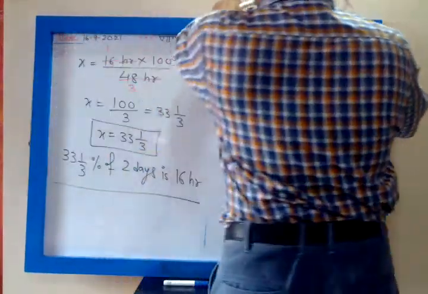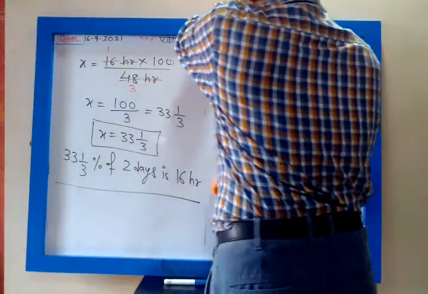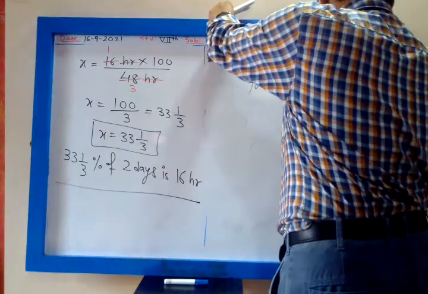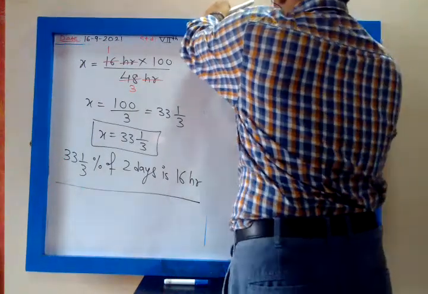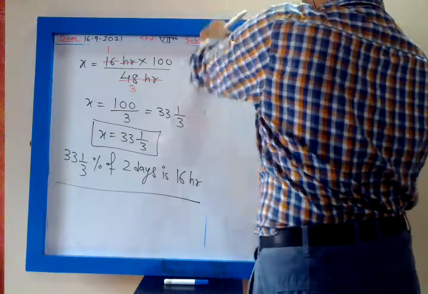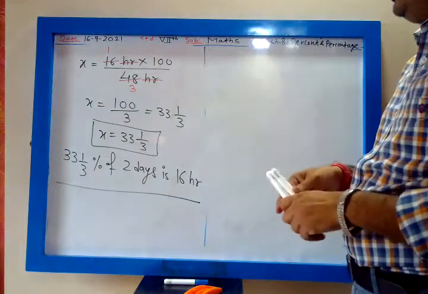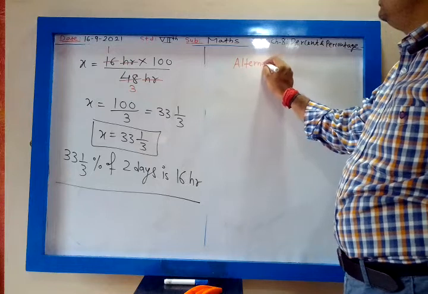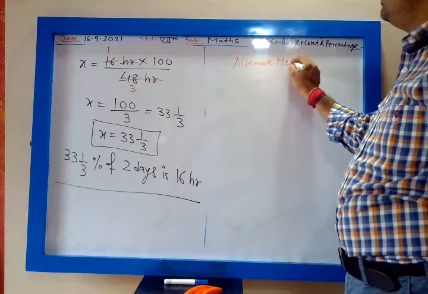Now let me give you one shortcut method. You write down this alternate method. Directly you can do it, without x also.